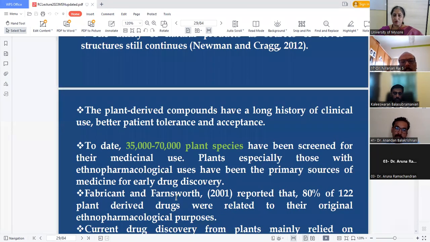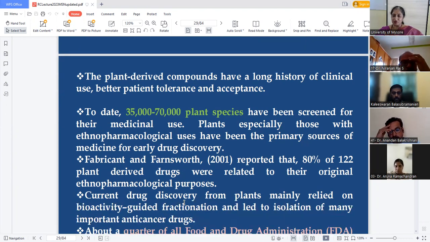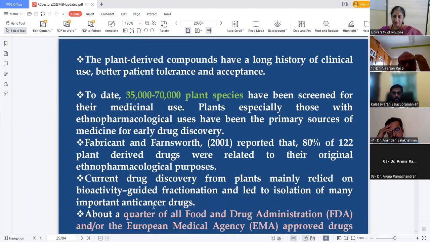And there are about 35,000 to 70,000 plant species in the world which have been screened for medicinal purposes, which is actually the drug discovery program. And 80% of 122 plant-derived drugs have been related to ethnopharmacological purposes. That is, specific communities still employ plants as sources of medicine. And that is the main thing for the drug discovery program.